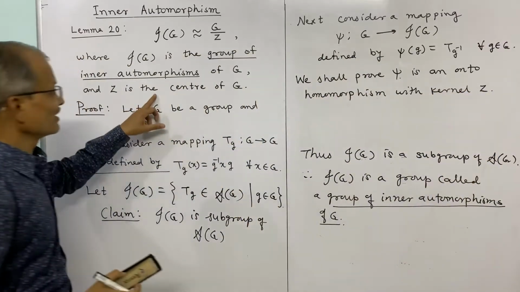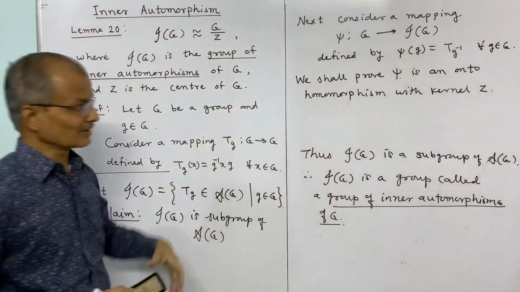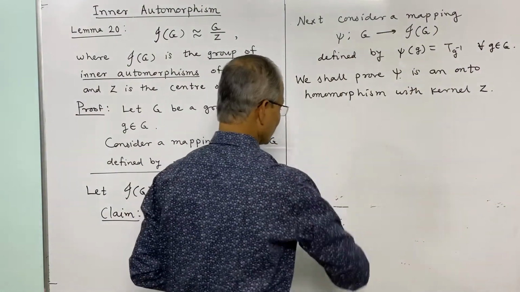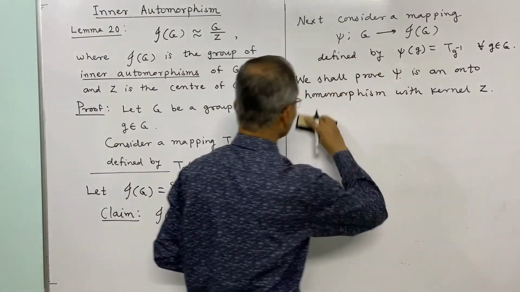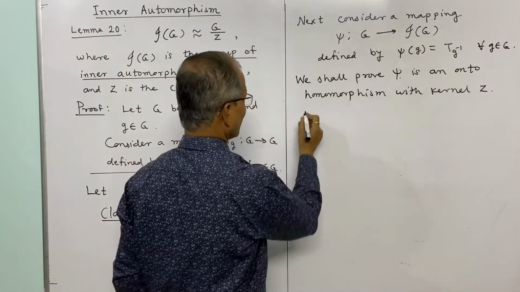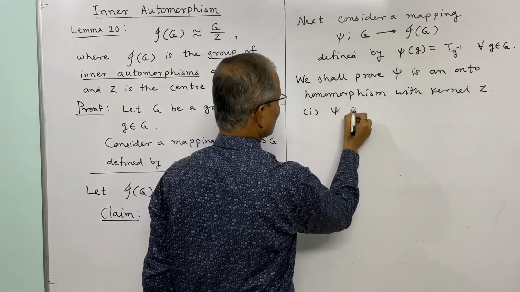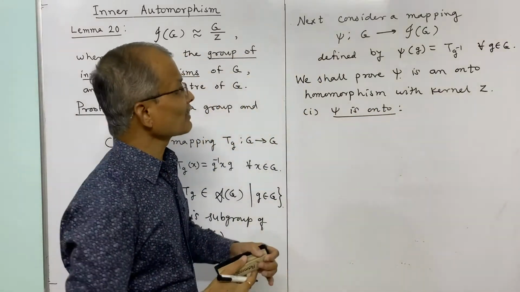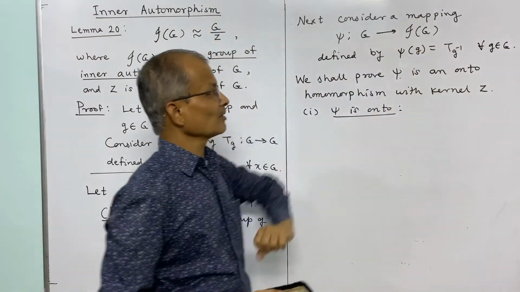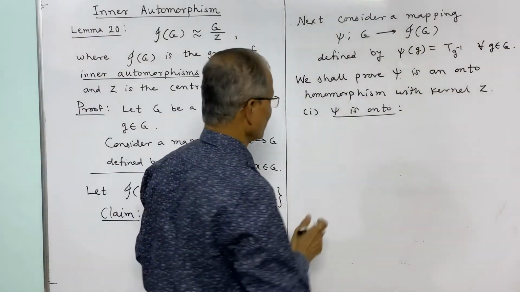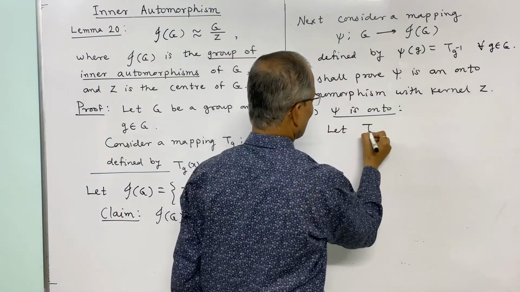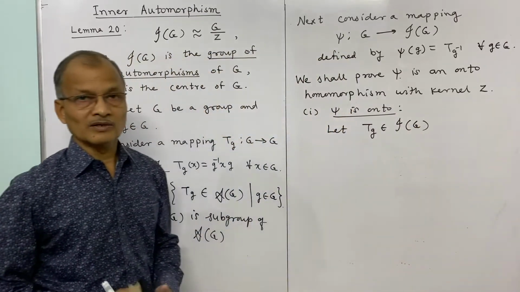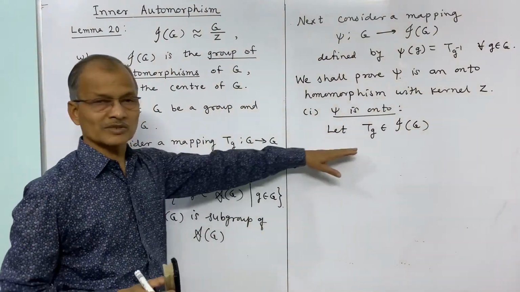Z is the center of G, that we shall consider further. Now psi is an onto homomorphism. First we shall prove it is onto. Psi is onto, and for that purpose we may consider an element in this. Suppose Tg belongs to Ig. Let Tg belong to Ig, and what we have to show is that its inverse image exists, then it becomes onto.